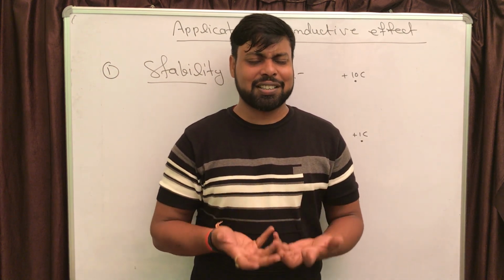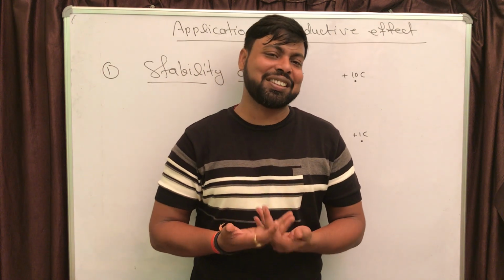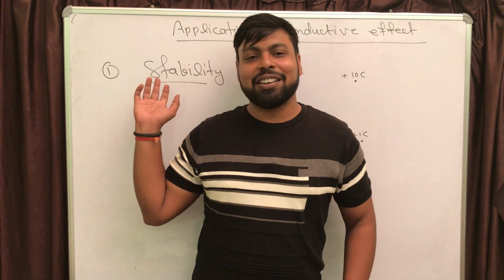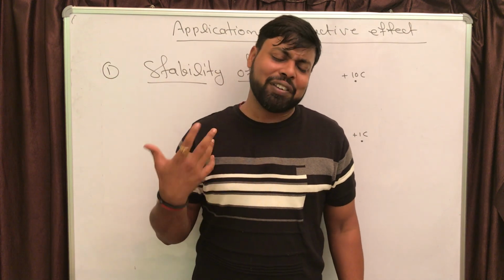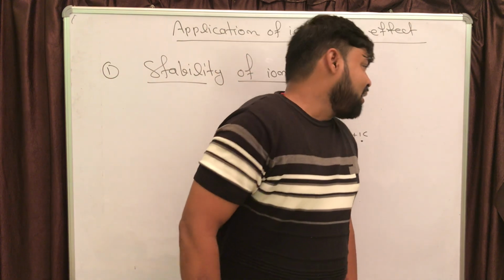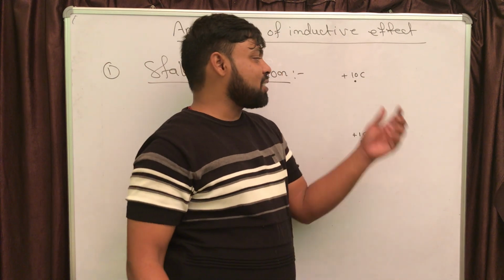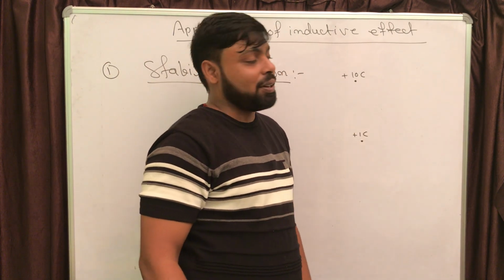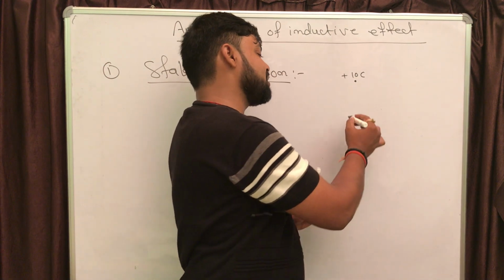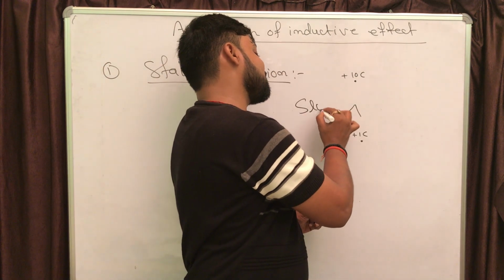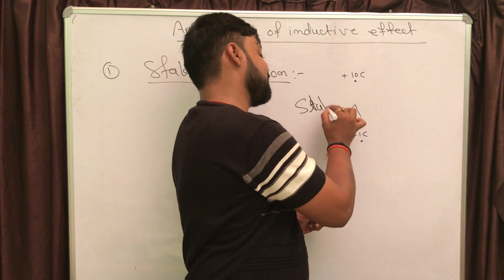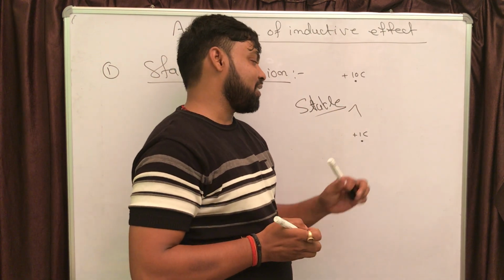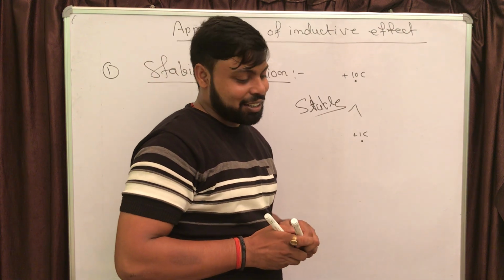If this very simple question is clear to you, then it is going to be very easy for you. So if it is asked, I have two charges, 10 coulomb and 1 coulomb, which is more stable? Definitely, stability wise, 1 coulomb charge is more stable, right? If you find the stability, the correct answer is 1 coulomb charge is more stable.